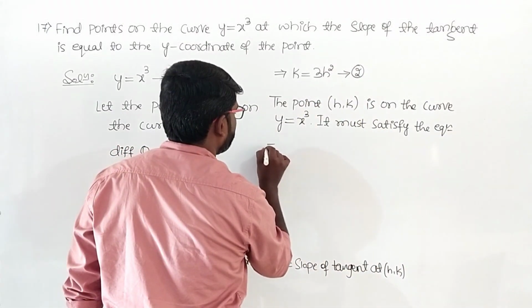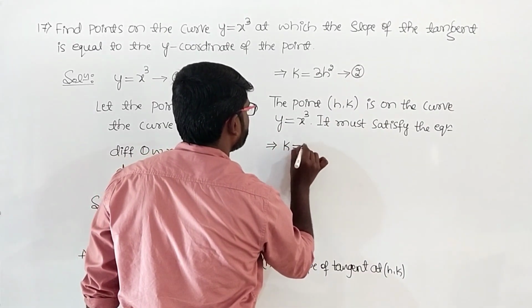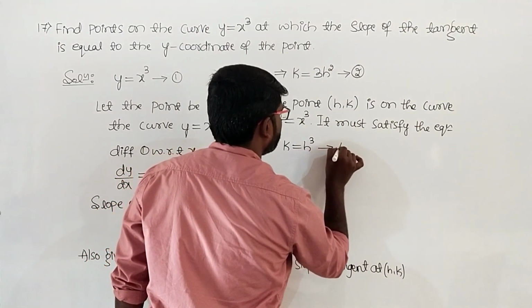So this implies y coordinate k equals x cube, that is h cube. Here k equals h cube. Call this equation number 3.